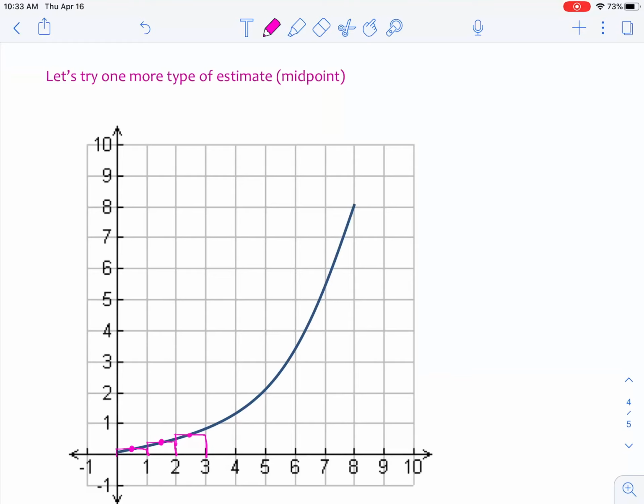Midpoint between 2 and 3 is 2.5, so I'm going to use that point as the height of my rectangle. Midpoint between 3 and 4 is 3.5, so I'm going to use that as the height, and so on. So I'm using the midpoint between each of the units that we would make our rectangle with.